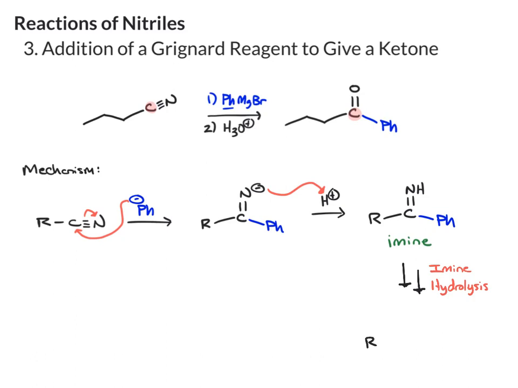So remember, take an amine with acid and water. That'll hydrolyze that to the ketone, plus the amine. So if you need to review this portion of the mechanism, we talked about that in chapter 19.